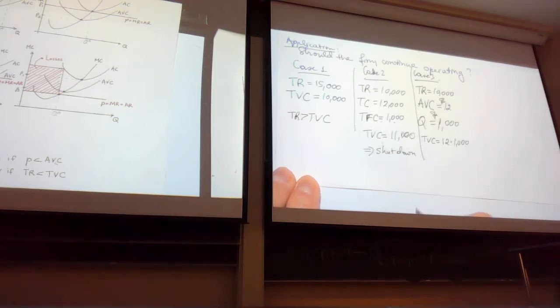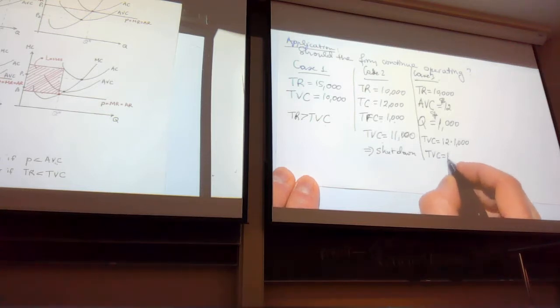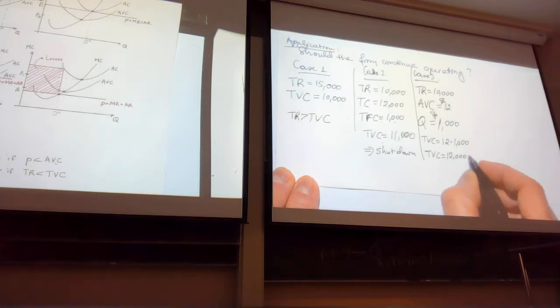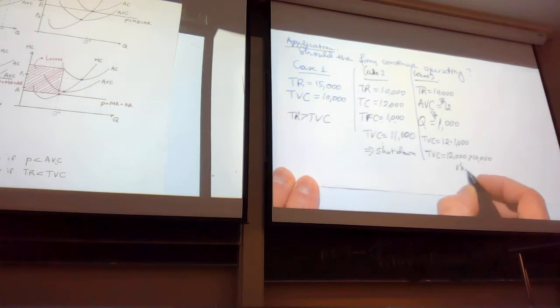That gives you the total variable cost, 12,000. And you notice that therefore 12,000 is higher than 10,000, so shut down. Total variable cost is 12,000, that is higher than 10,000, therefore shut down. You got it.